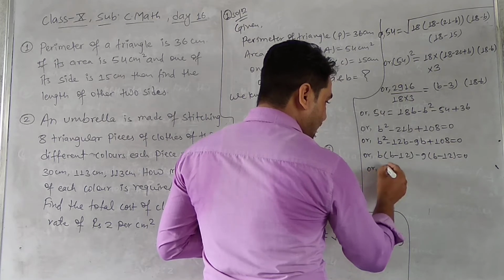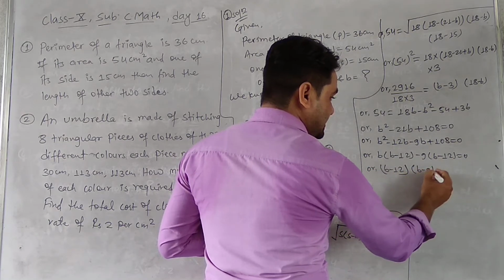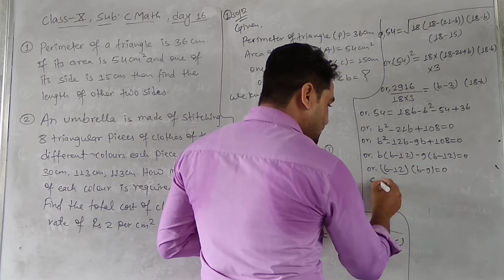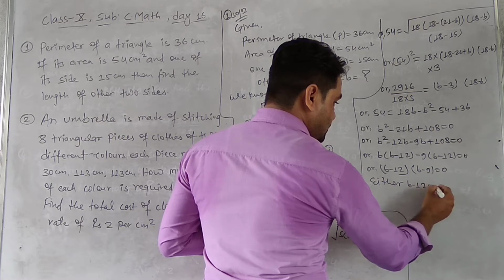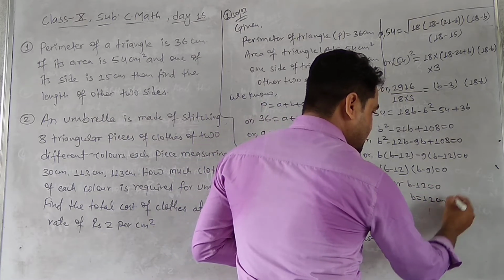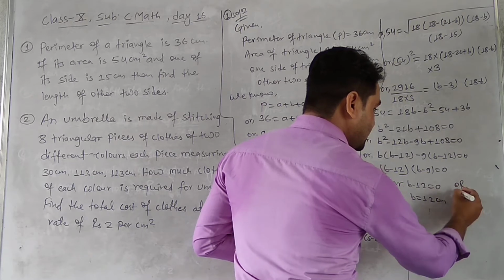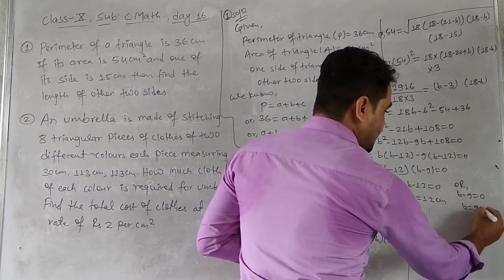Yes, first bracket 1 and then remaining 1 equals to 0. Either b minus 12 equals to 0, b equals to 12 centimeter, or b minus 9 equals to 0, b equals to 9 centimeter.